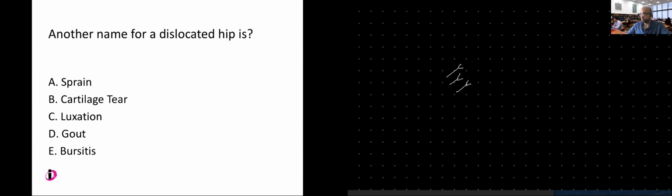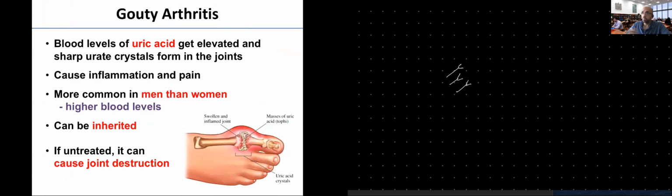All right, so another chronic arthritis that we have, right? So this time it's not common in women, it's common in men, right? For those who are angry. This time it's not common in women. It's more common in men.